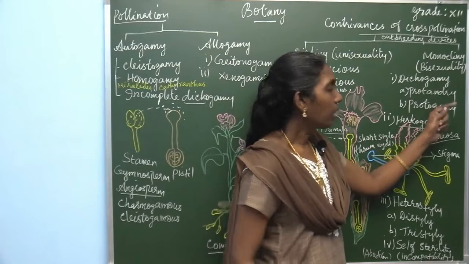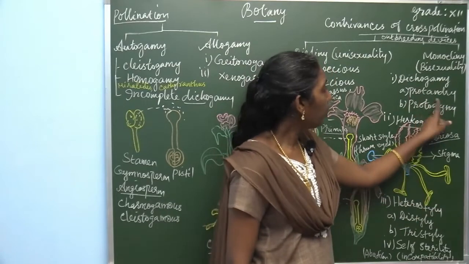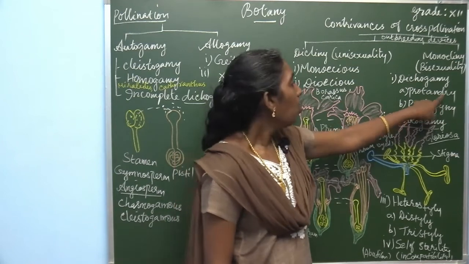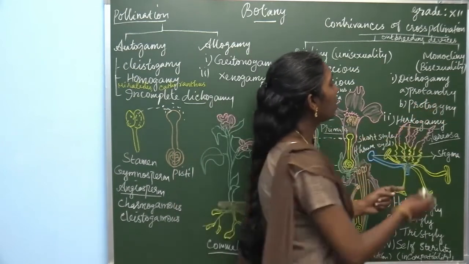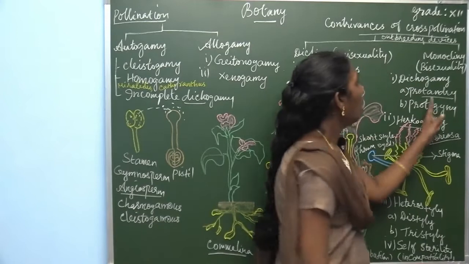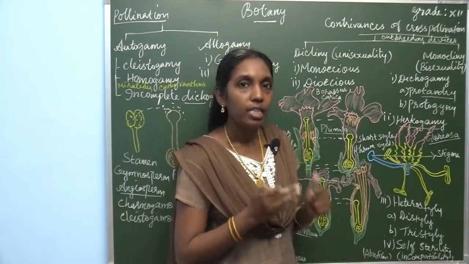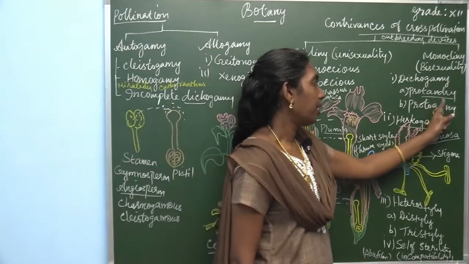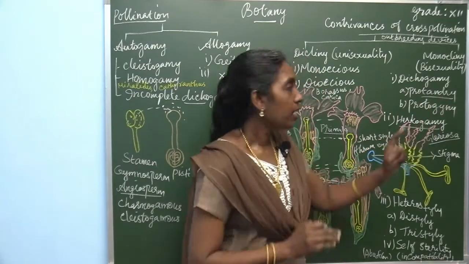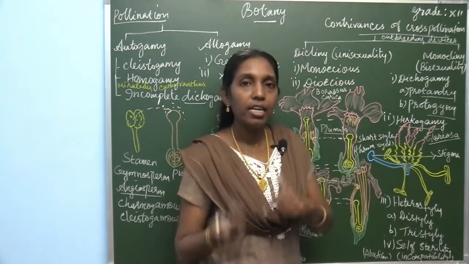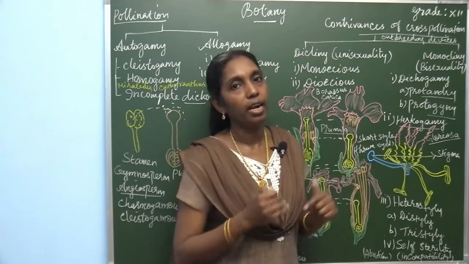What is meant by protandry? Protandry is the condition where the androecium matures earlier than the gynoecium. Protogyny, as the name itself suggests: the gynoecium matures earlier than the androecium.